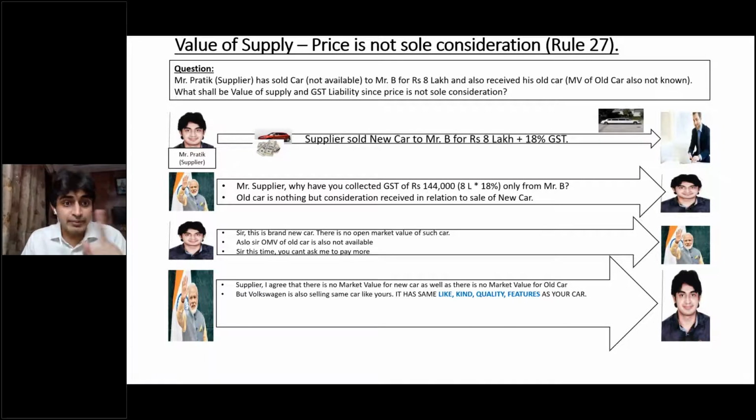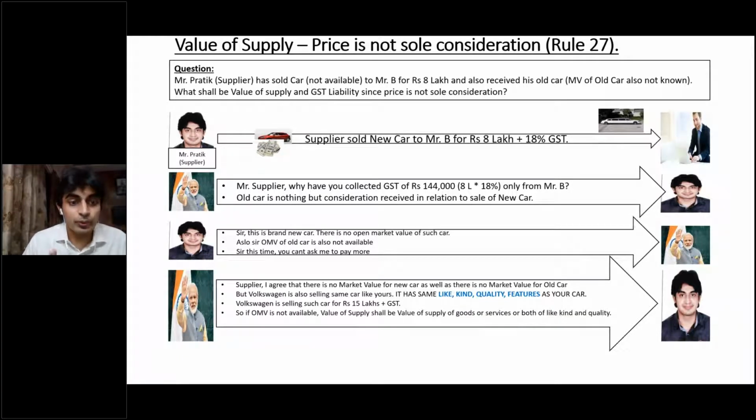But same as your car, same kind, same quality, some other company is selling. They are selling for 15 lakh rupee. So if open market value is not available, तो क्या हो जाएगा? Value of supply of like kind and quality. So GST supplier, you will have to pay on how much? 15 lakh rupee. So ये कब आया? When the new car market value is also not available.